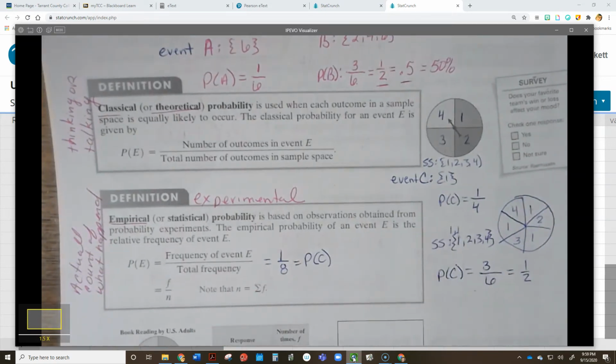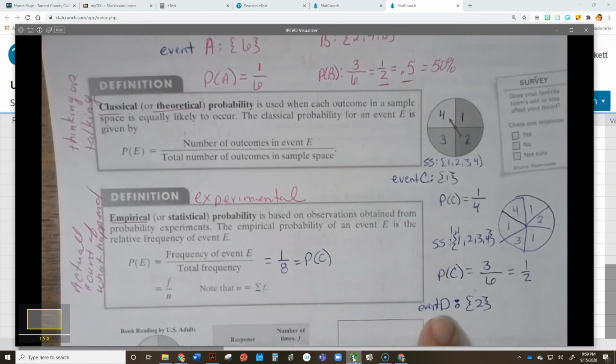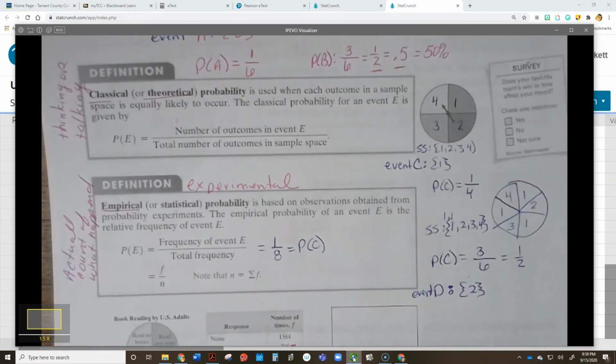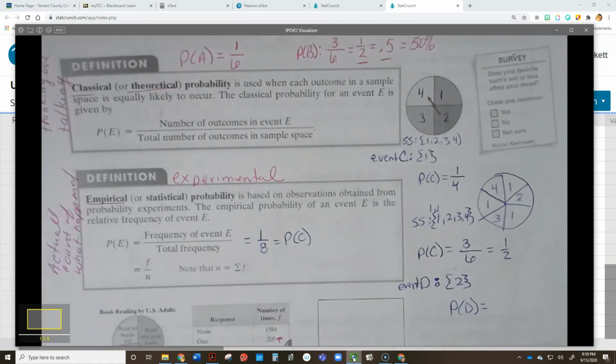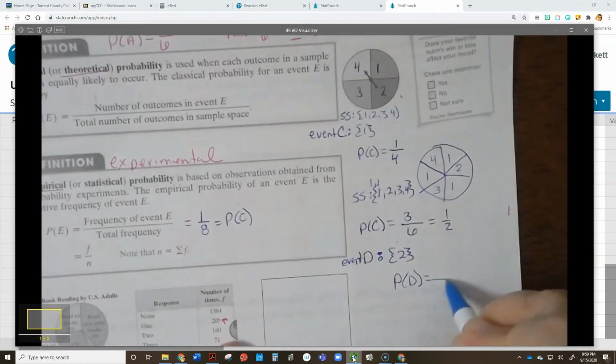Let's go ahead, because I thought 2, it landed on 2 many times. So let event D be landing on 2. If I wanted to find the probability of event D happening, I spun the spinner 8 times, so the 8 goes on bottom.